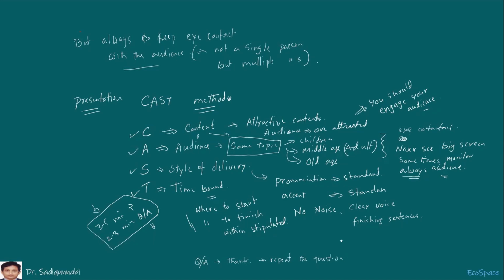This is because when you are repeating the question, your brain is working on that question to answer it properly. You are taking time. So first give the thanks, and then repeat the question: his or her question was this.